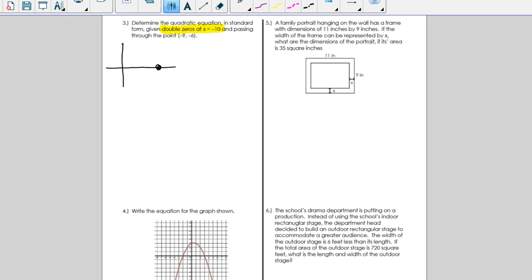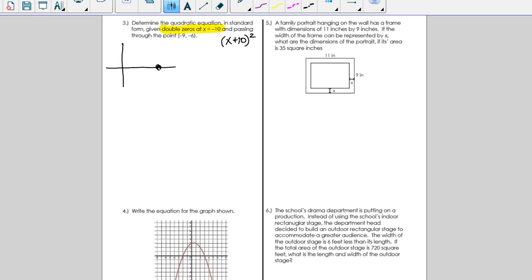Well, remember when that happened yesterday? That means this is coming from an (x plus 10) squared because you have 2 of them. So that means this is going to be the vertex. Okay, whenever you have 2 of your zeros end up being on the x-axis, that's your vertex. So then it's passing through the point (-9, -6).